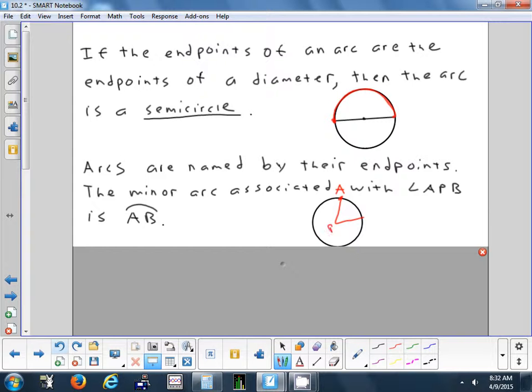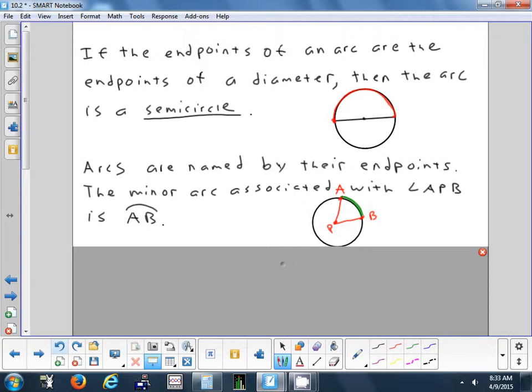It's A, P, B. If you wanted to describe this arc right here, you just say arc AB. Doesn't matter if you say arc BA, that's the same thing. So to name a minor arc, you only need 2 letters.